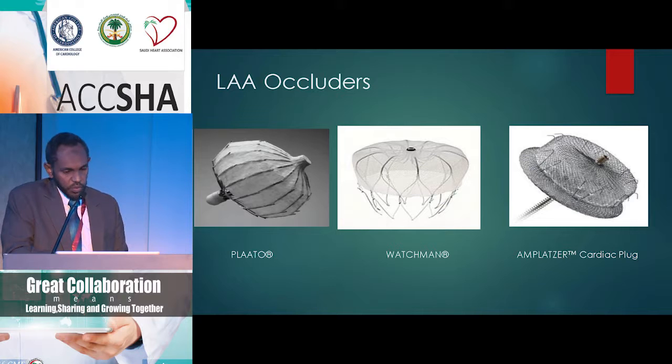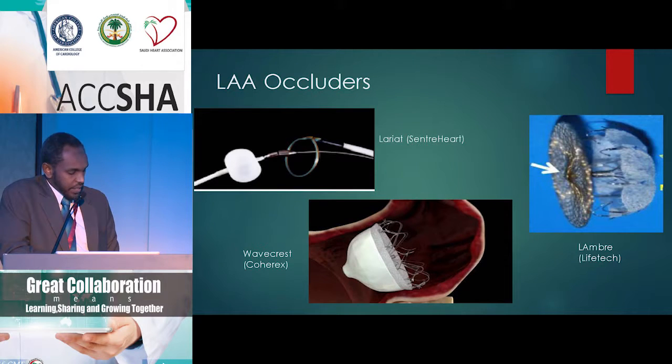The next one is the WATCHMAN. This is the most commonly used one. And the third one here is the Amplatzer cardiac plug or the Amulet. And again, same kind of principle, occluding it from inside. The LARIAT is one of the examples for the external occlusion, or basically surgical clipping almost, of the left atrial appendage, where you have a loop or a lasso that comes out and actually clips and separates the left atrial appendage at its ostium, and I'll talk a little bit about that later.